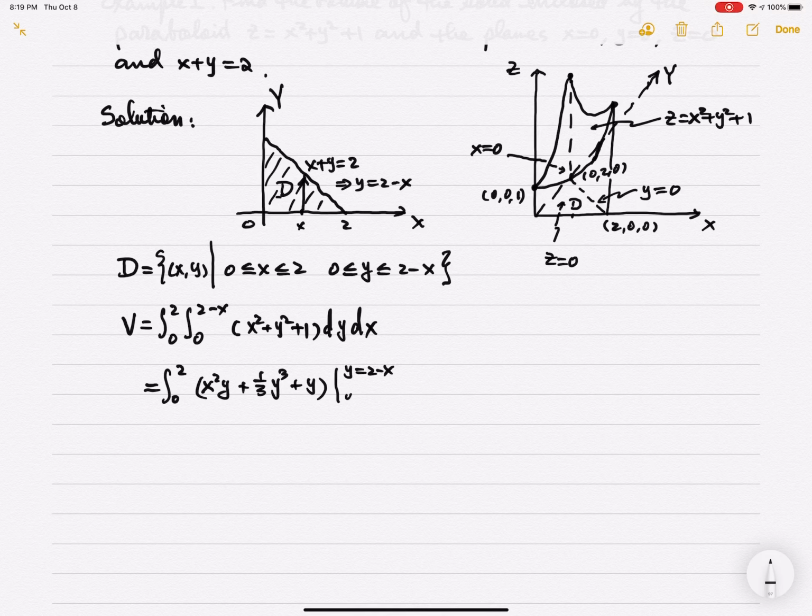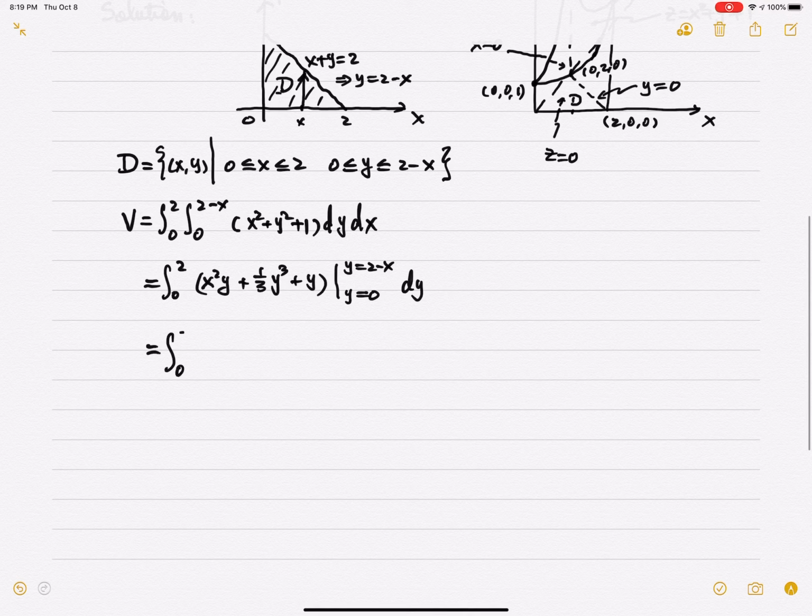When you substitute in, we're going to have x times 2 minus x, that is 2x squared minus x to the third, and then plus 1/3 (2 minus x) to the third plus 2 minus x, and then dx. When you plug in 0, everything is 0.